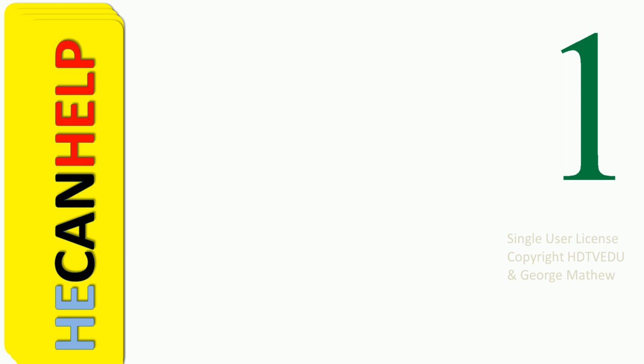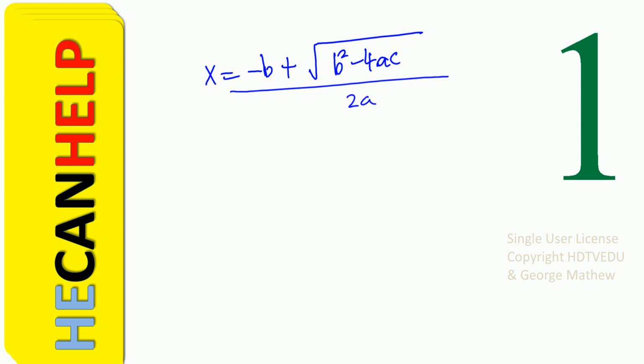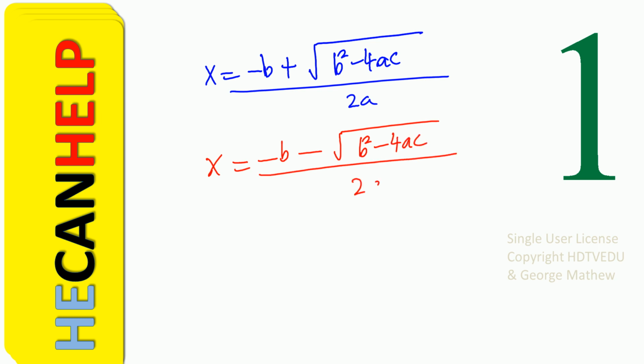So we get two solutions: x equal to negative b plus the square root of b squared minus 4ac, the whole thing divided by 2a, and x equal to negative b minus the square root of b squared minus 4ac, the whole thing divided by 2a. So we have the red and the blue solutions. We call them x1 and x2.